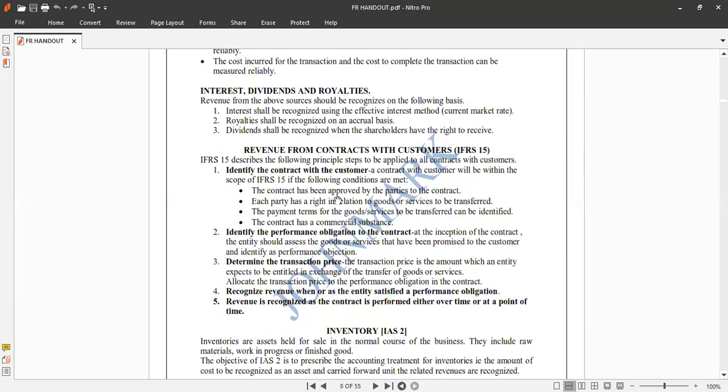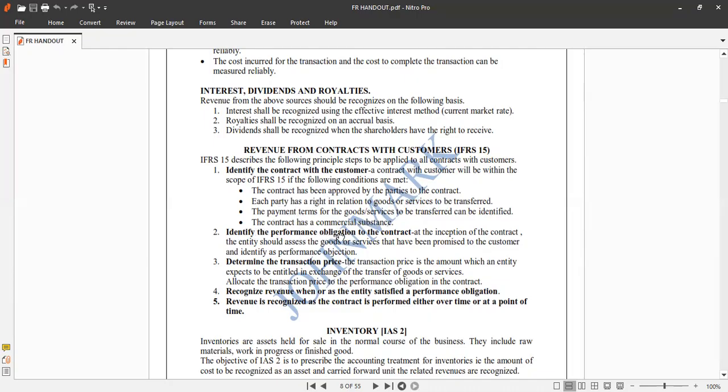One, the contract has been approved by the parties to the contract. That means that you have entered into an agreement. Then number two, each party has a right in addition to the goods or services to be transferred. The payment terms of the goods and services to be transferred can be identified. And then the contract has a commercial substance. So that's step number one, identify the contract with the customer.